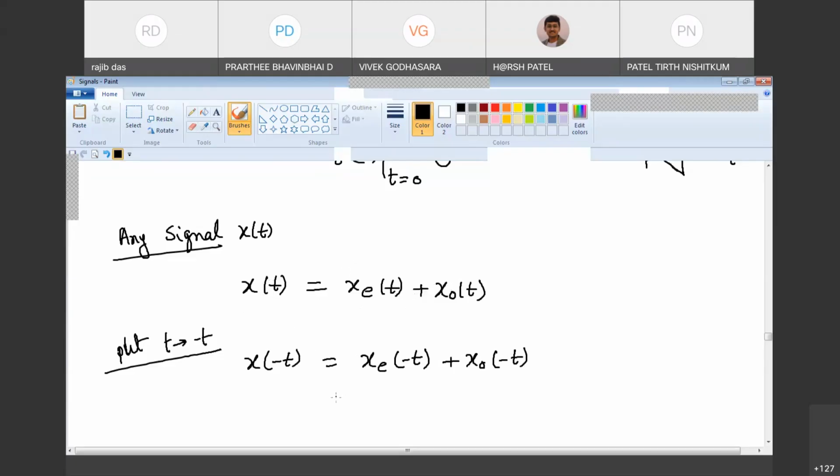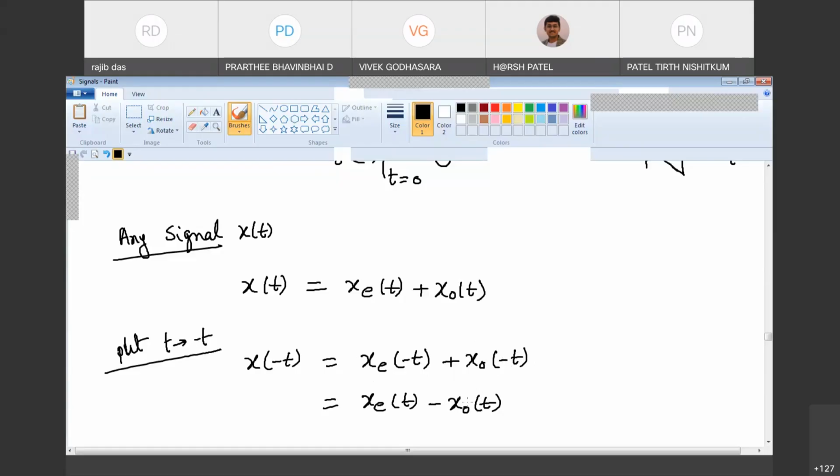Now in that case, as it is an even signal, it will remain the same. It's only x_e(t), x_e of minus t by definition. Okay, and this is the odd part, so x_o of minus t is nothing but minus of x_o of t.